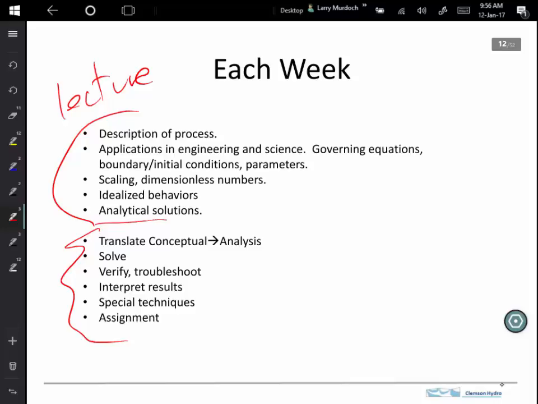So the homework part of it, as well as when we meet here in the computer lab itself. The lab part of it and the homework part of it will all be based on solving problems. Most of it will be using software. There also will be some aspects of the homework that will be based on what we talk about in the lecture.